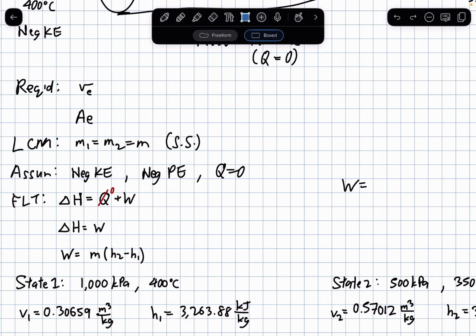Let's go to Smith, page 266. The answer lies here.